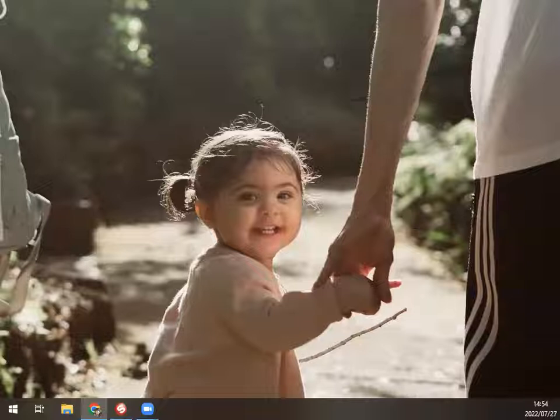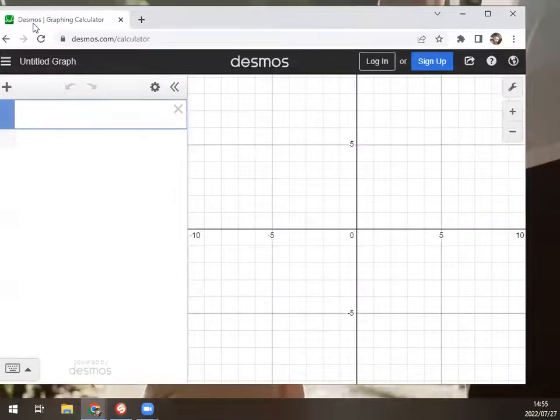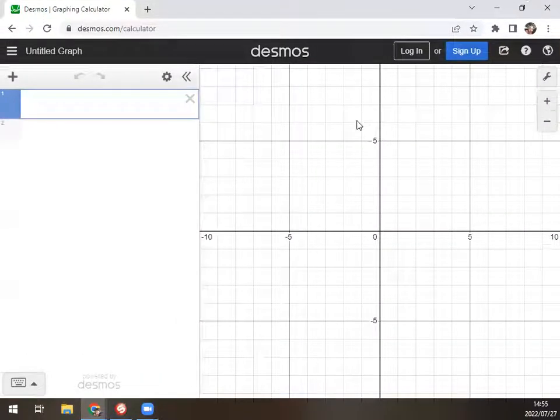Autograph isn't on this PC, so I just searched now for online graph calculator.